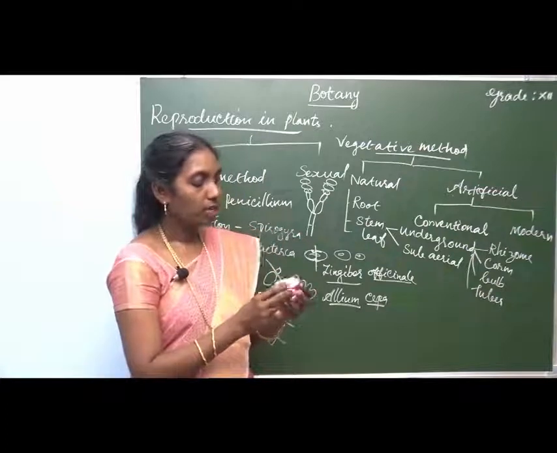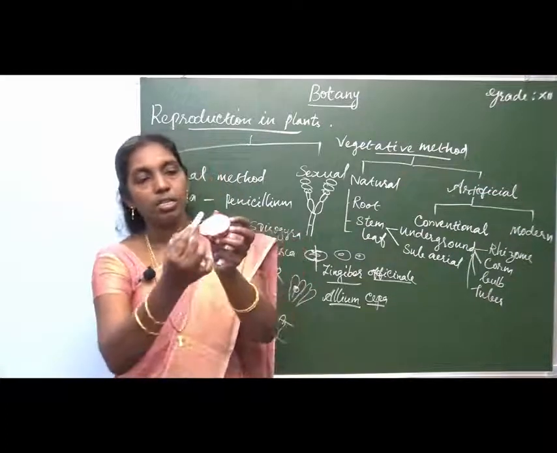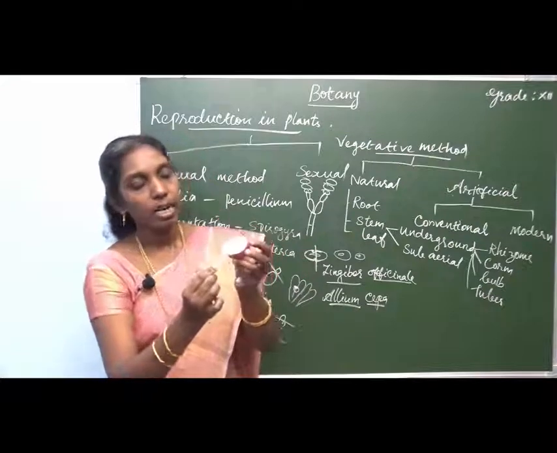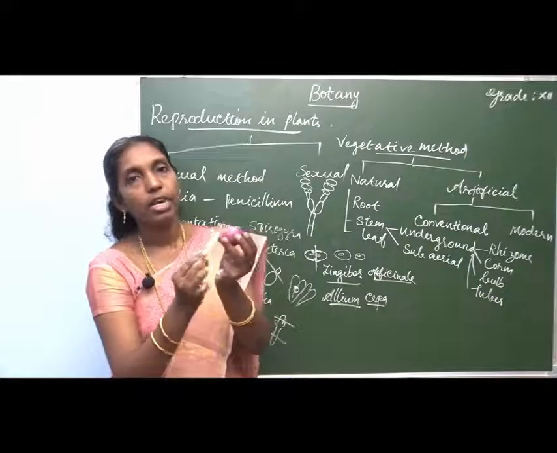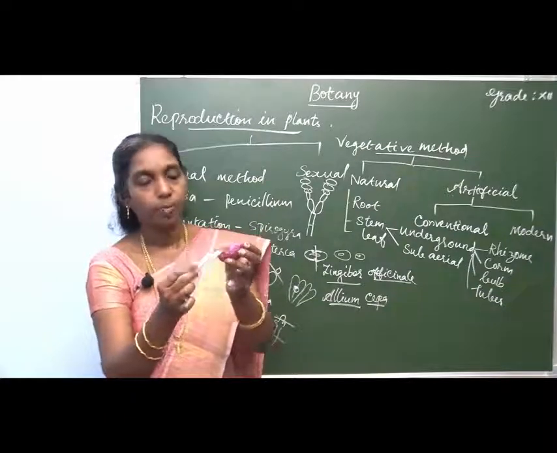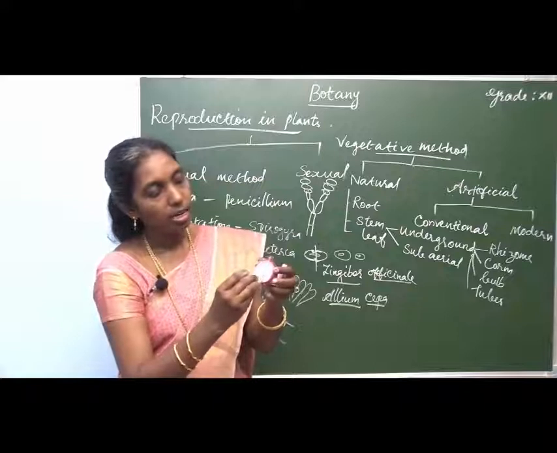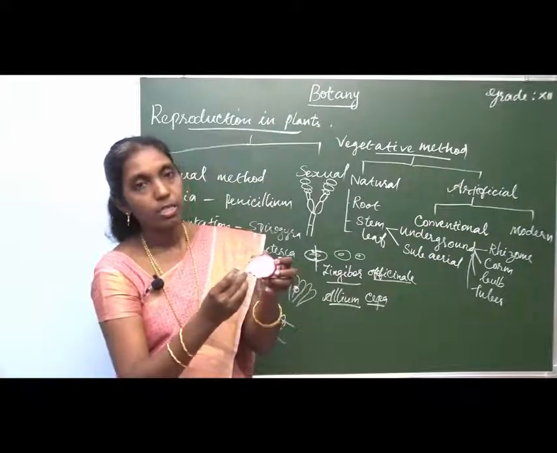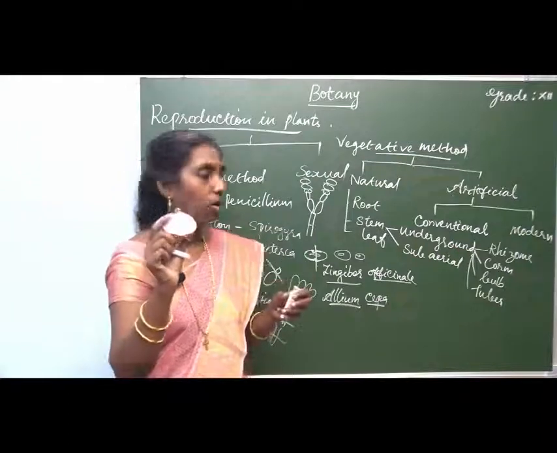In this onion, there are a number of scale leaves. These are the scale leaves and this is the stem part, the reduced stem, and these are the adventitious roots. Here there is an axillary bud. These buds are able to develop into the entire organism.